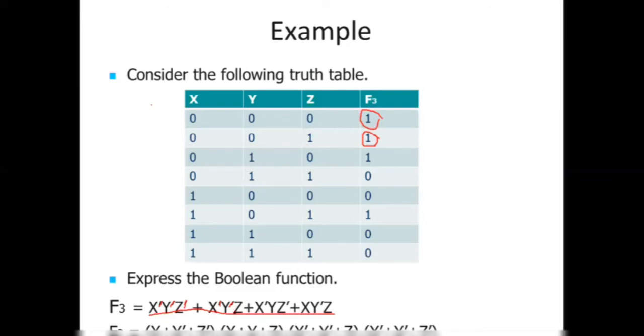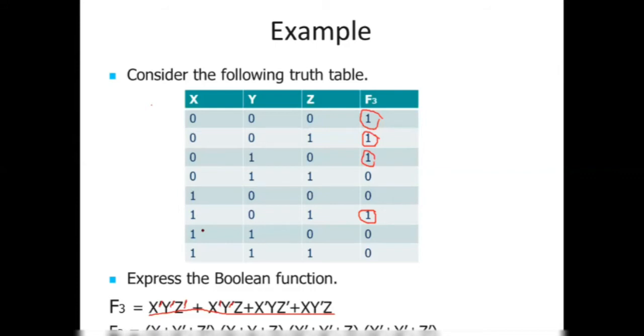And plus x dash y z dash. Where does it come from? Again from the other 1 value in f. x dash because x is 0, y because y is not 0, and z dash because z is 0. That's the third min term we consider. And the fourth min term is coming from this row.